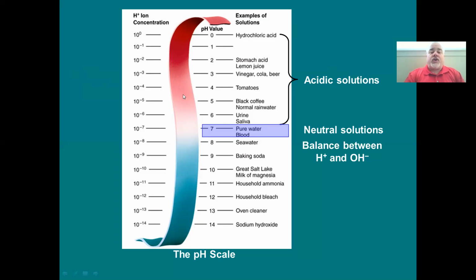But you notice here, normal rainwater is slightly acidic, pH 5 point something. Why is natural sweet water, fresh water, acidic? Well, it's acidic because gases like carbon dioxide and other gases in the atmosphere get into the water.